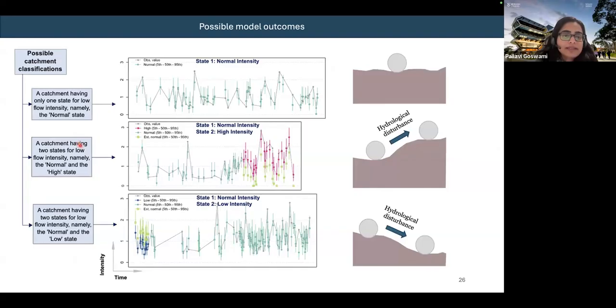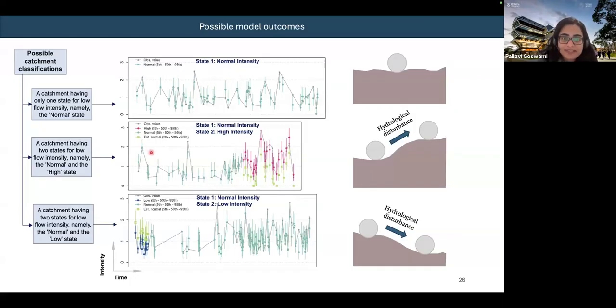Like I said, in my hidden Markov models, I assume that there can only be two states. There can be three possibilities. The first possibility is that the entire time series of the intensities of the hydrological drought is sampled from one single distribution. And so there's just one possible state, and we call this the normal state.